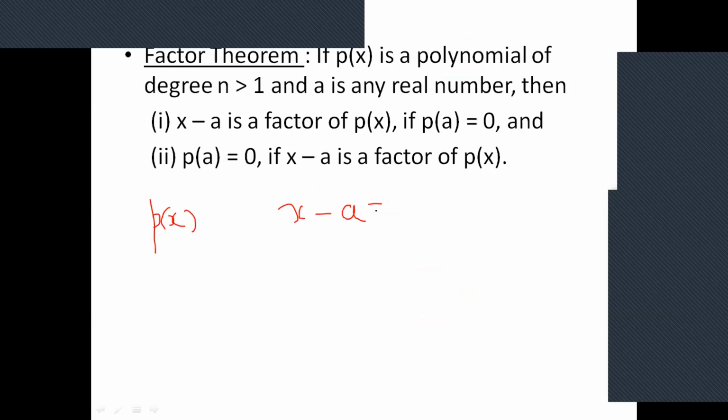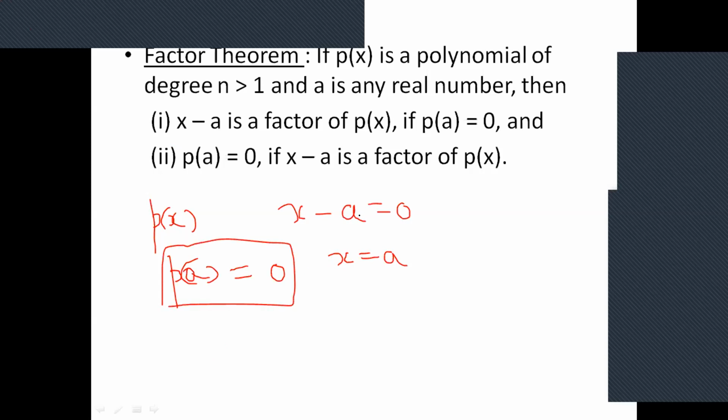If you equate it to 0 and find that x is a, and after substituting x equal to a in p of x, you get p of a equal to 0, then in that case we will be able to identify that x minus a is a factor. Suppose p of a is equal to 0, then clearly we can say this is a factor. This has to be remembered. So please remember, this becomes a factor.